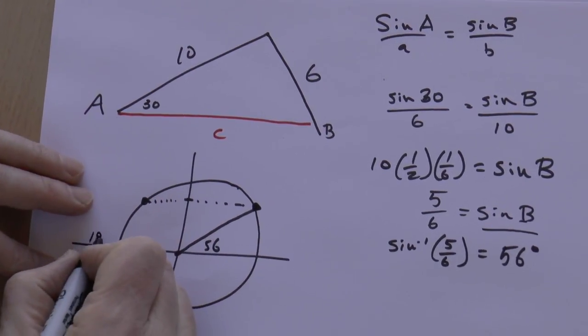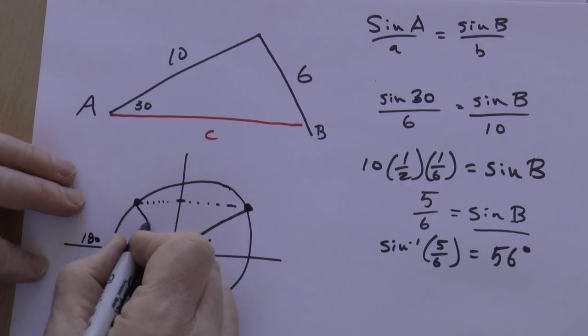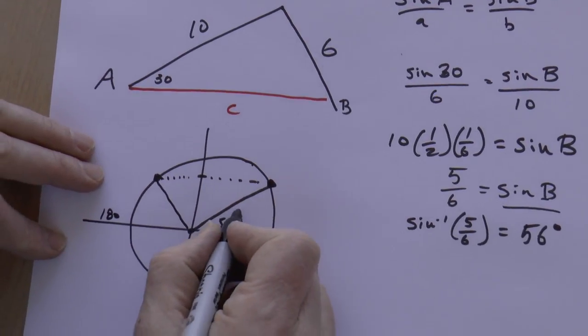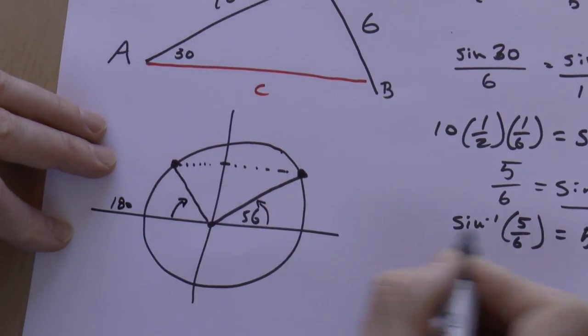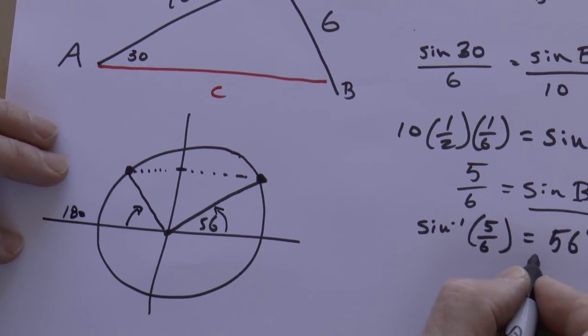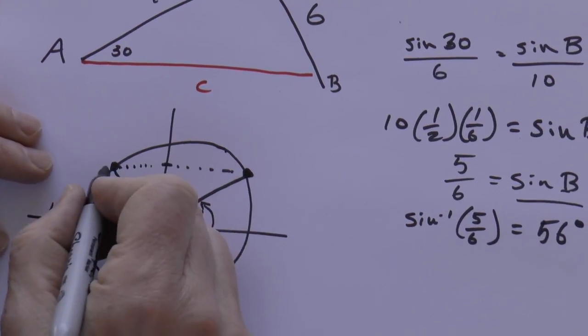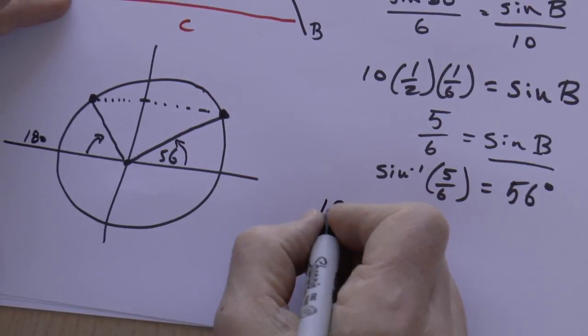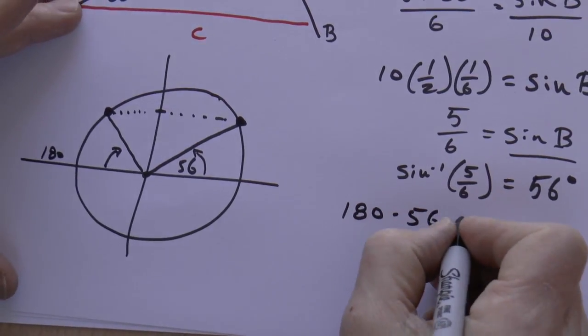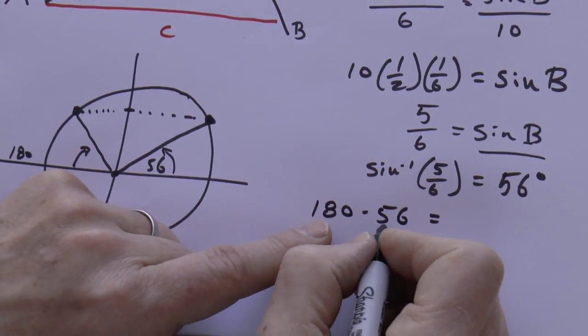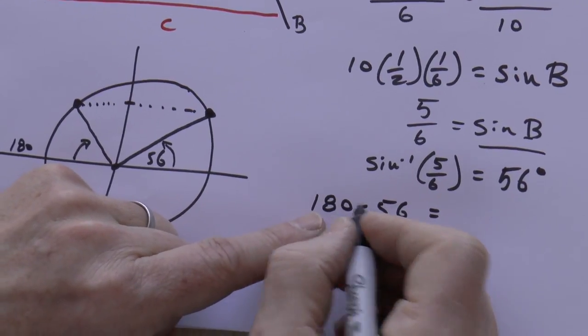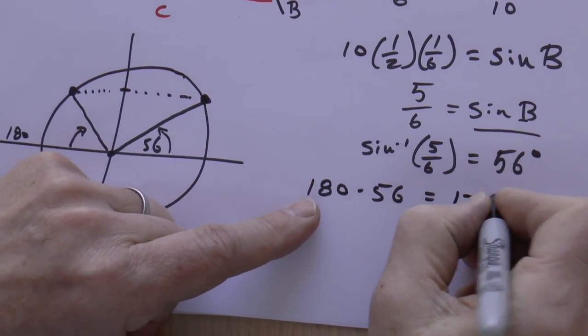So now we have 180. To find this angle, we're going to subtract 56 from 180 to get this full angle here. Okay, so 180 minus 56. I'm going to do it in my head. We take off 50, that's 130, minus 6 is 124.